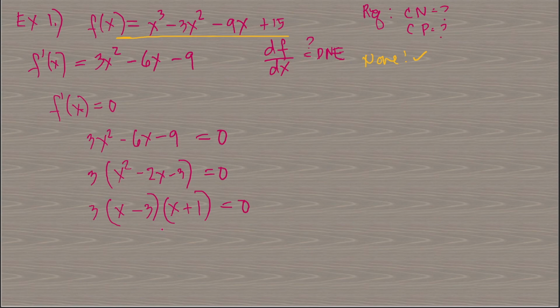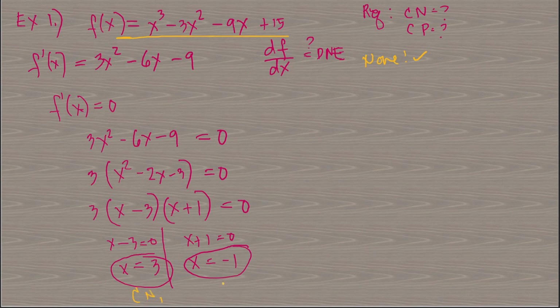So x minus 3 equals 0, x plus 1 is equal to 0, and solve for x. x is positive 3 and x is negative 1. These are the two values of x that we have found after setting the derivative to 0. And we call those numbers critical numbers. So this is critical number 1, and this is critical number 2.